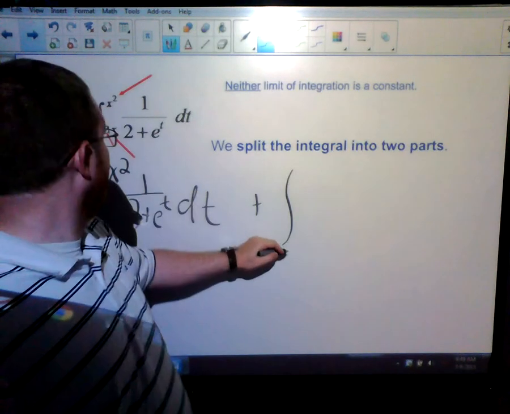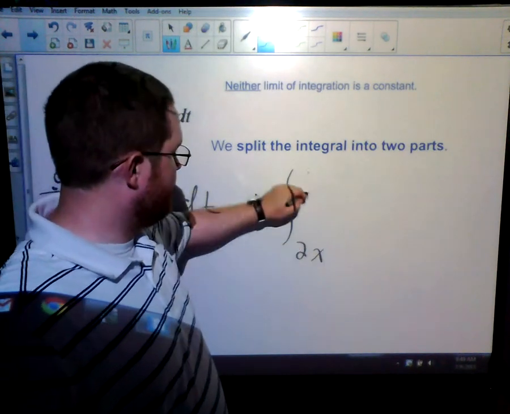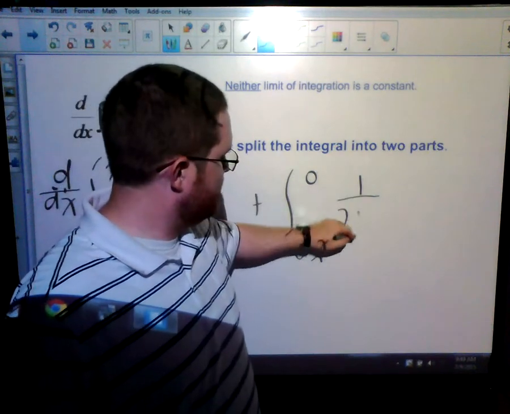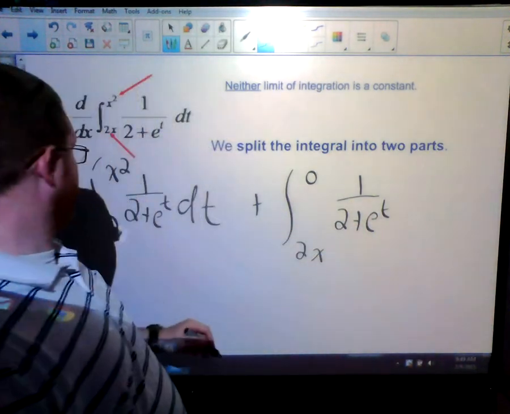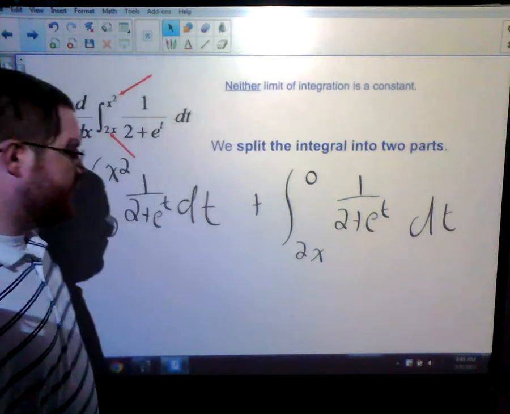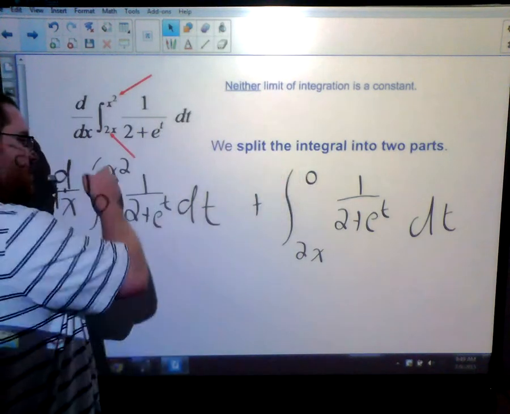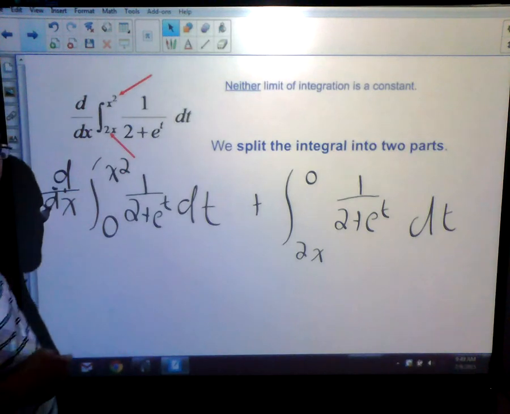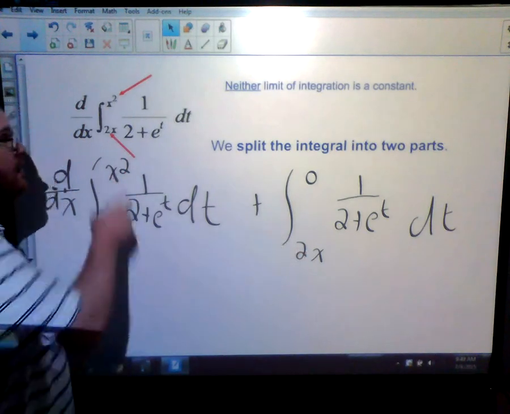And then I'm going to go from 2x to 0. Now think about that for a second. If you go from 2x to 0 and 0 to x squared, that's the same thing as just going from 2x to x squared, which is this problem.